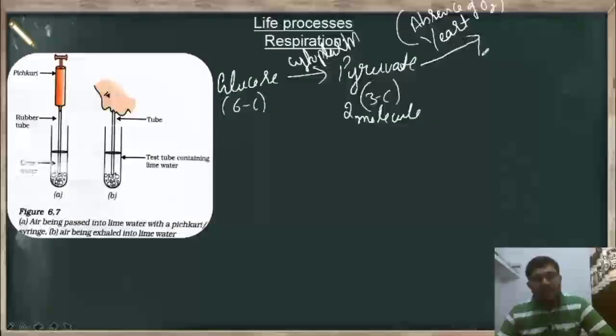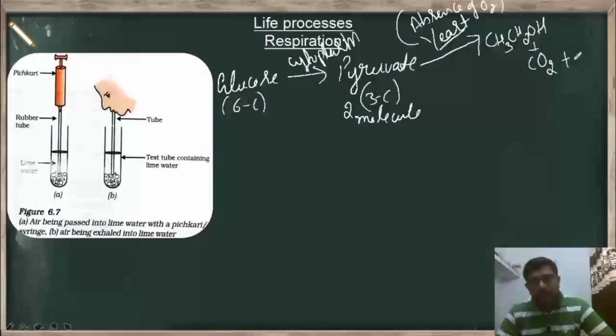So in anaerobic respiration, for example in yeast, the products released are CH3CH2OH, which is ethanol, and carbon dioxide, plus what it gives? It gives energy. But as we have studied in the previous one, the energy released in anaerobic respiration is less.